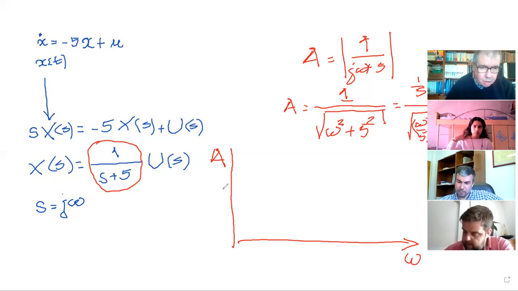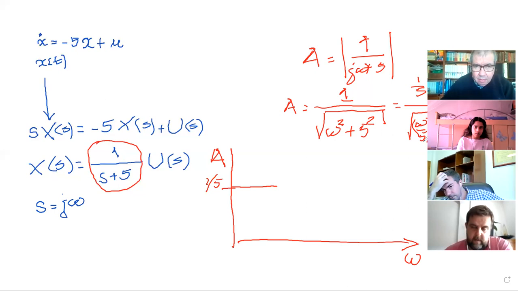So in the low frequency, you get something like this. But then omega starts getting bigger and bigger, and the denominator is increasing, and the gain is decreasing. This is especially true when omega passes by 5.